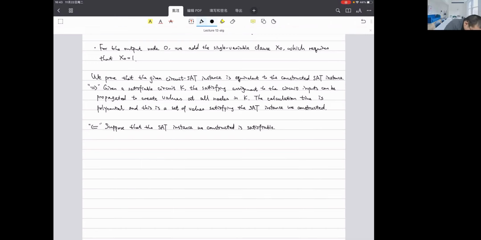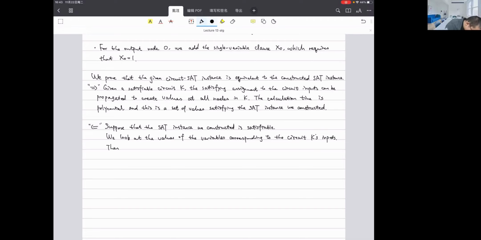So what we do is we just look at the values of the variables corresponding to the circuit's inputs.